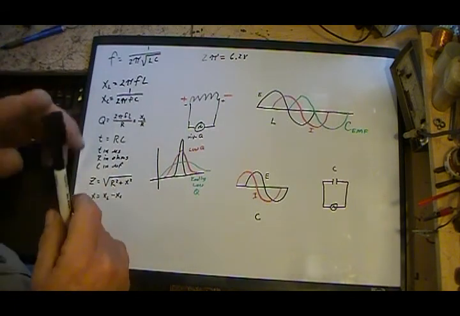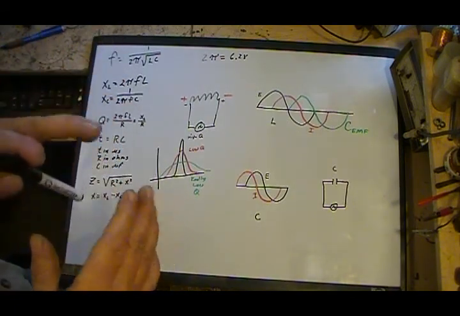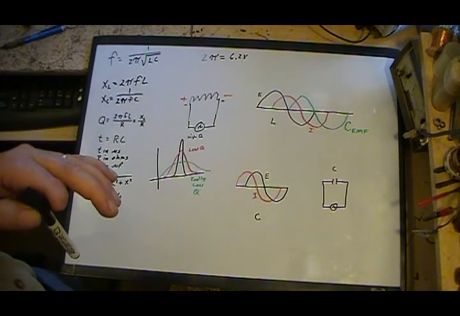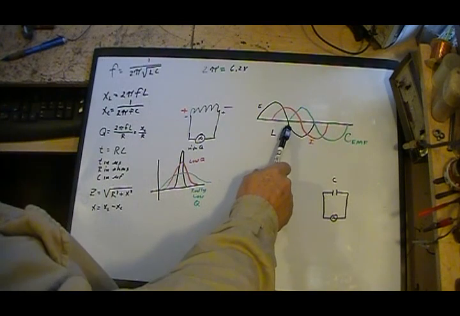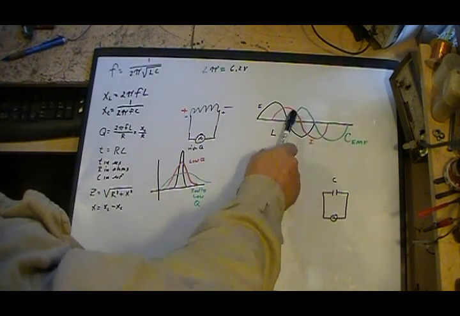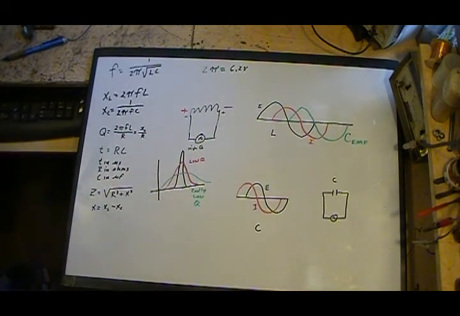There are slight differences in it, and there can be a little bit of difference in the phase, but in an ideal circuit it'll be 180 degrees out, and that's why they call it counter EMF.